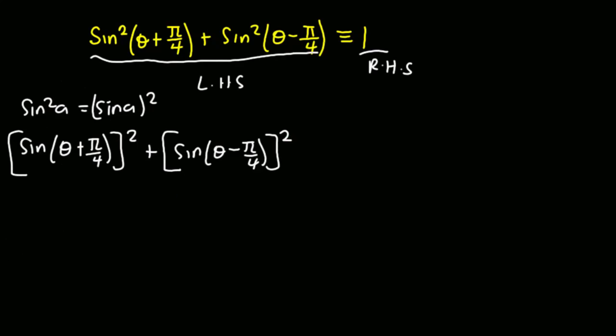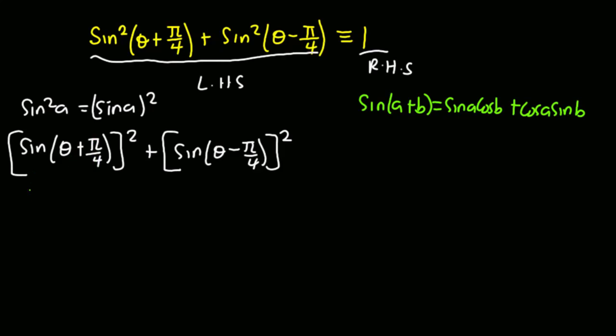Then what we are going to do here is apply one of the trig properties, which says that sine of A plus B is the same as sine A cos B plus cos A sine B. So I'm going to apply that to expand what is inside the parenthesis, where in this case the A is theta and the B is pi on 4.